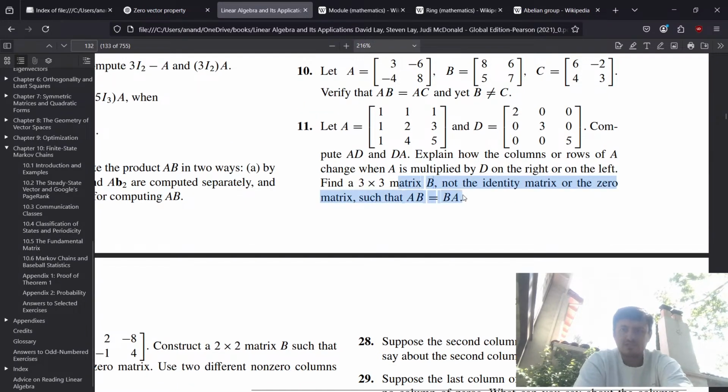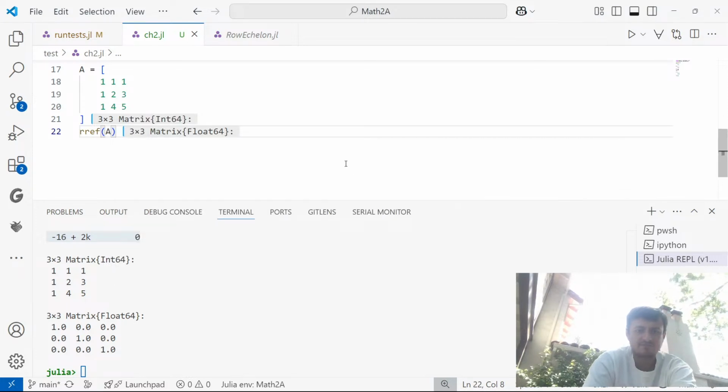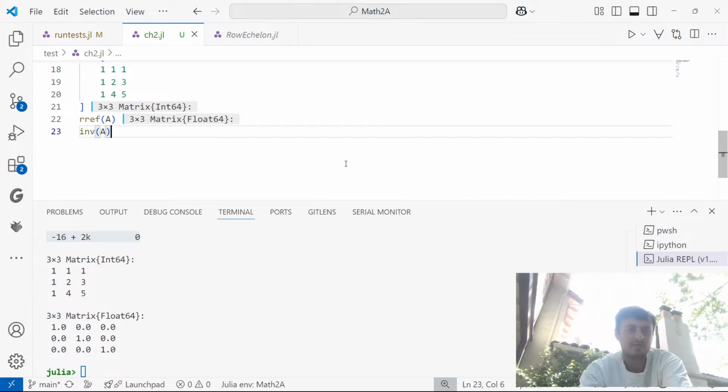Wait. Find a matrix B such that AB, I'm pretty sure that that has to be the inverse. I'm almost positive.